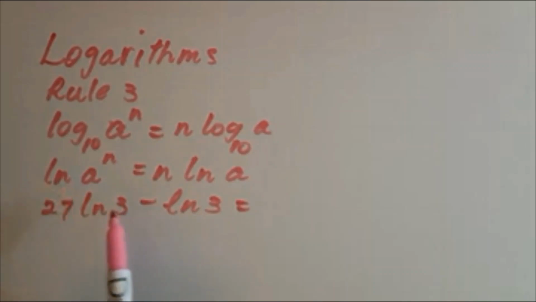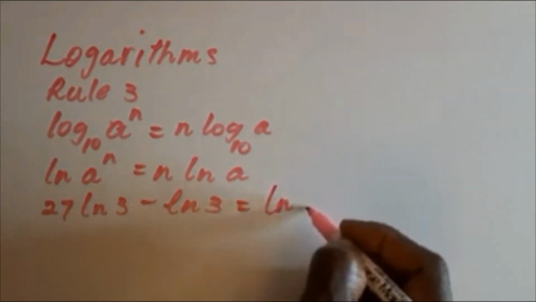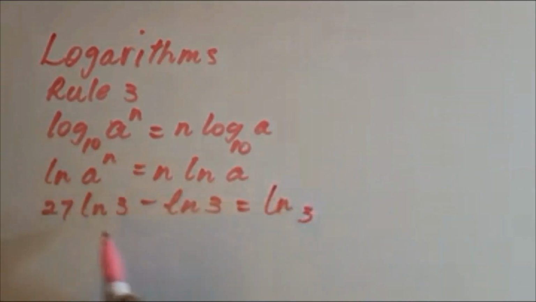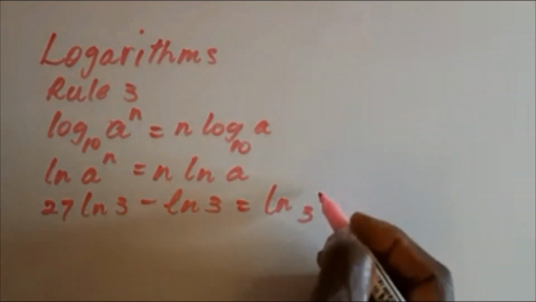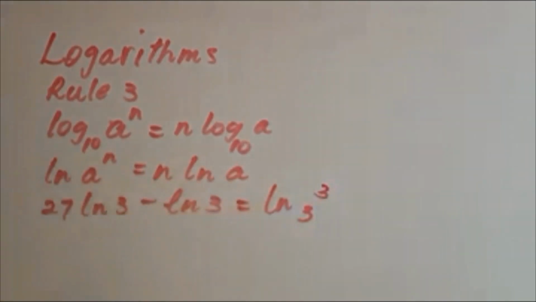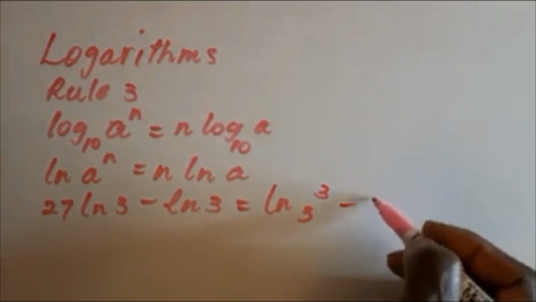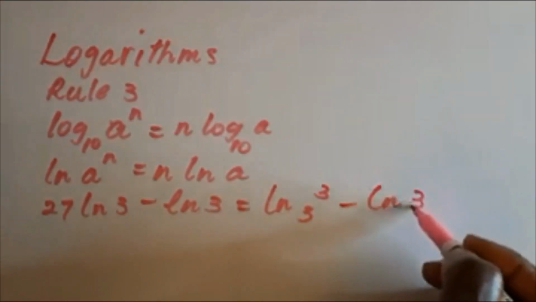Now the base is 3, so we have ln to the base 3. It's raised to the power of 3 to give you 27. So that's 3 3s, 9 9 3s, and 27. So that's n. And ln 3 follows.